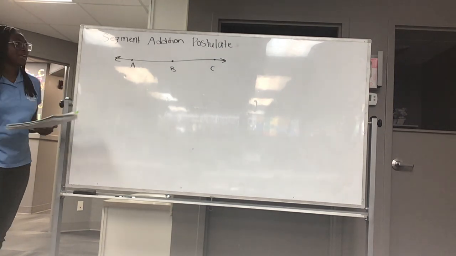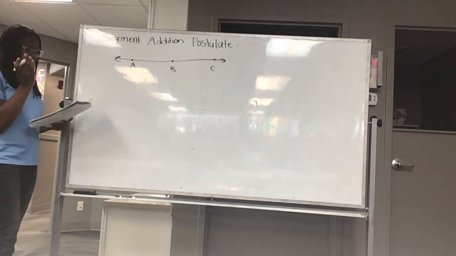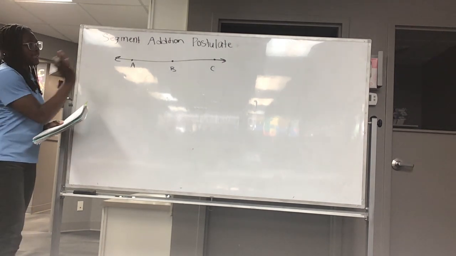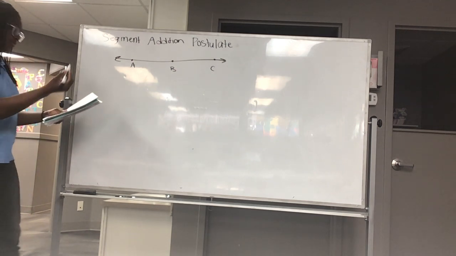Basically what the segment addition postulate says is that if B is between A and C, then AB plus BC is going to be equal to AC. So I'm going to draw an example.